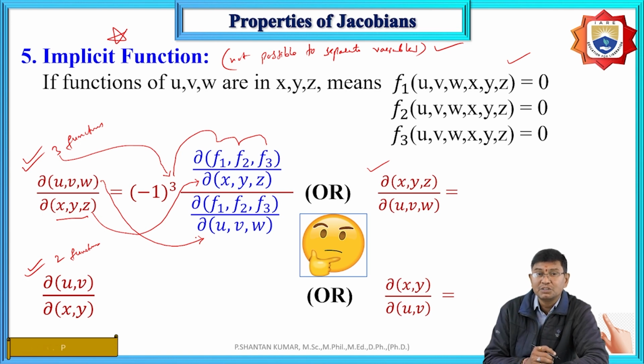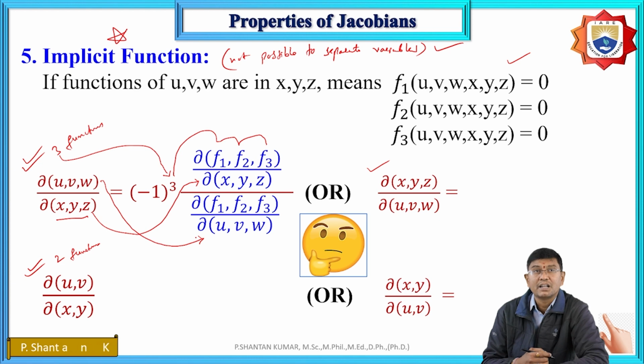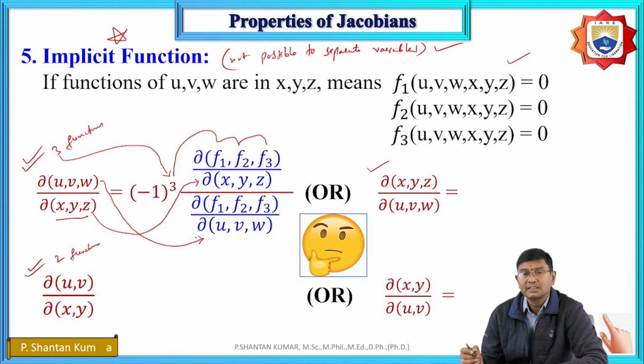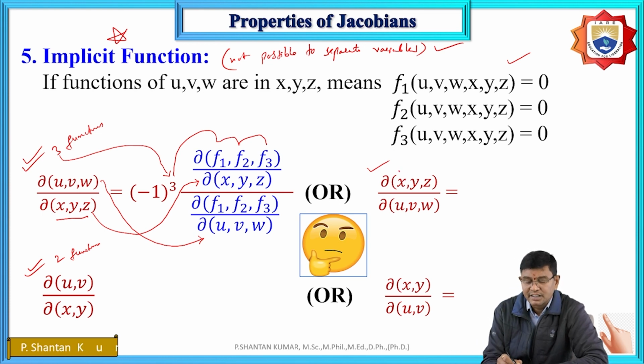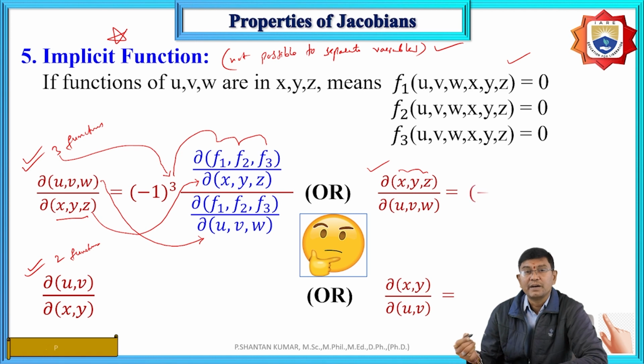Based upon this assumption, it is easy to find dou of (u, v, w) by dou of (x, y, z). And here, similarly on the other side, dou of (u, y, w) by dou of (x, y, z), and here also there are three functions, therefore it is minus 1 whole cube.